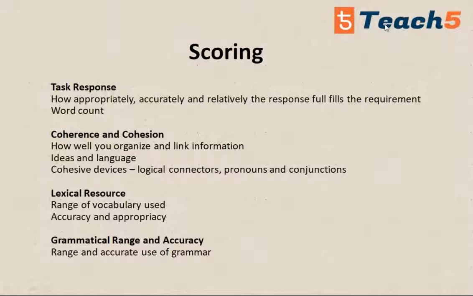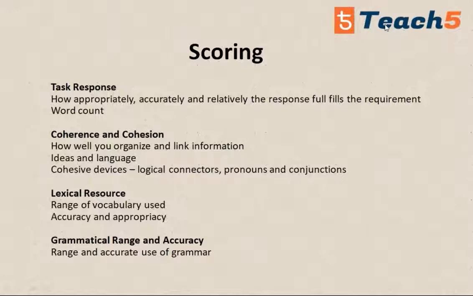The last but not least in your marking criteria will be the grammatical range and accuracy. So what is range? Range is more about writing different types of sentences. When we talk about different types of sentences, it includes simple, complex, and compound sentences. Using these types of sentences is called grammatical range. Now, what's accuracy?